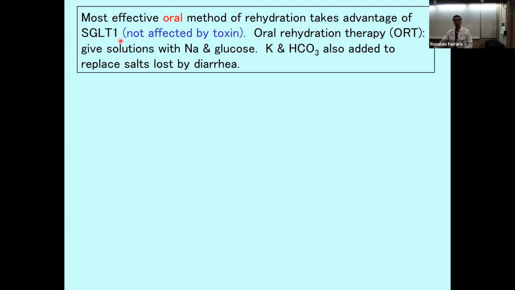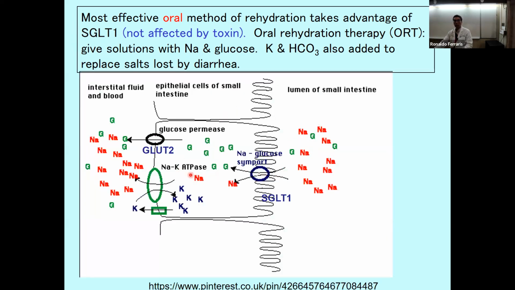And SGLT1, remember, absorbs 1 or more sodiums per glucose absorbed. So as I can show you here, for 1 glucose that's absorbed, 1 sodium is absorbed. And then once inside the cytosol, the sodium is absorbed into the bloodstream.